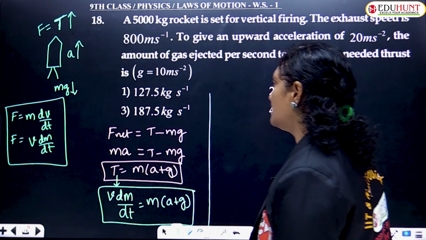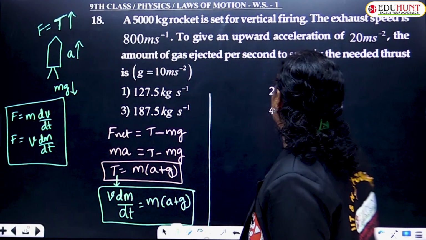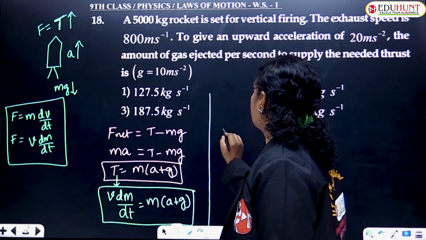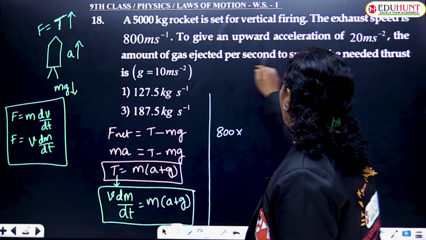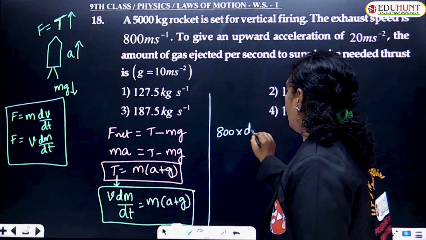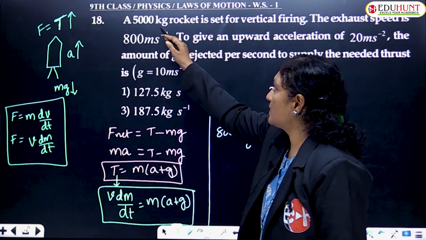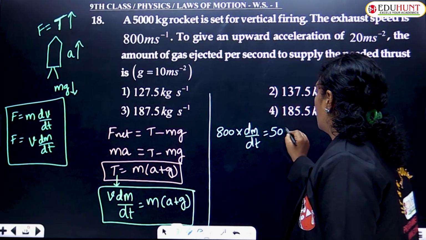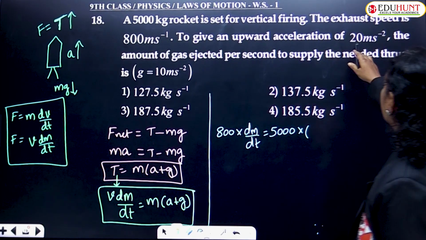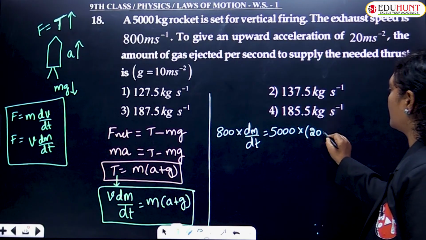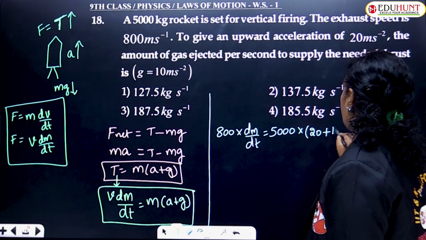Now substituting the given values and solving, we have v, the exhaust speed of the gases, as 800, into dm by dt, the amount of gas ejected per second, which you are asked to find out, equals the mass of the rocket, 5000, into acceleration a, the net upward acceleration, 20 meter per second squared, plus g, the value of g taken as 10.